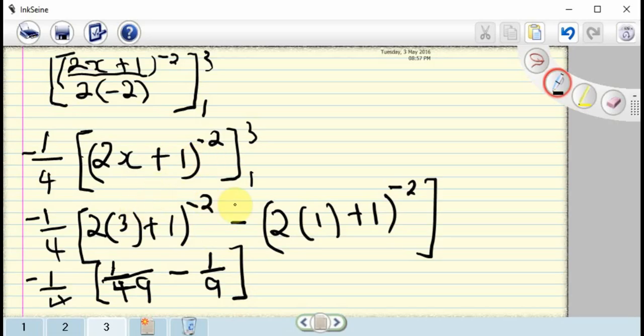When you get your calculator and simplify all of that, it should give you 10 over 441.